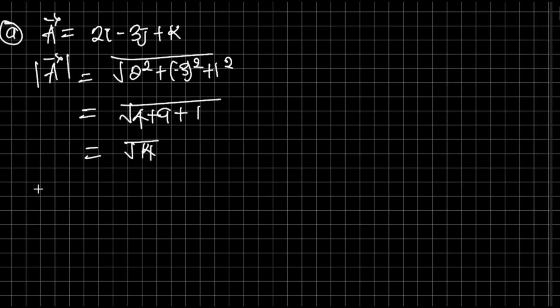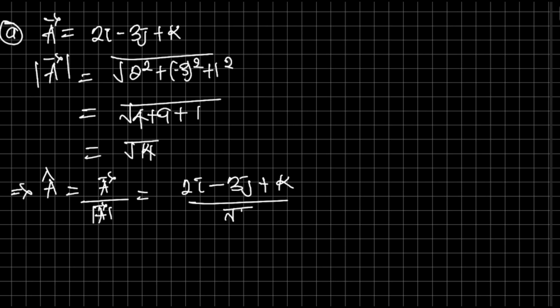So therefore the unit vector, which is A over the magnitude of A, will be equal to 2i minus 3j plus k all over the square root of 14.